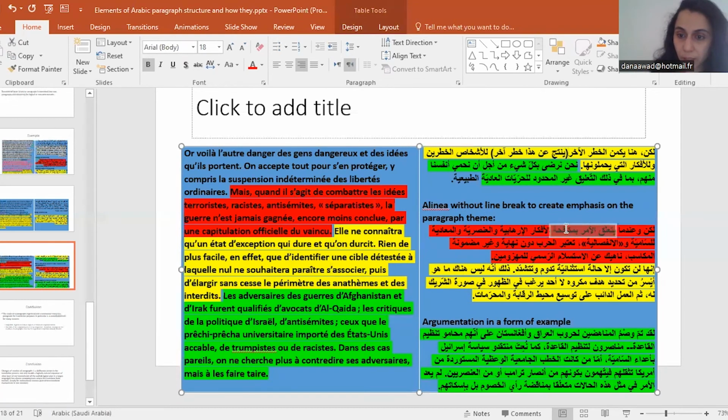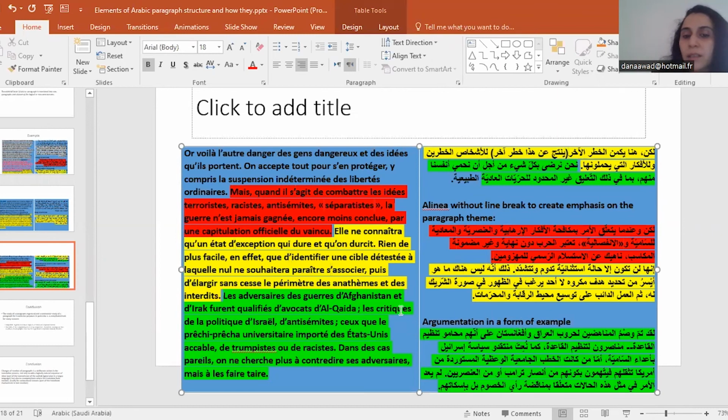Which is the theme: racist, anti-Semitic, etc. So the racist ideas, anti-Semitic ideas. So to emphasize these and to emphasize the author's point of view of these ideas, there was an alinea without a line break.